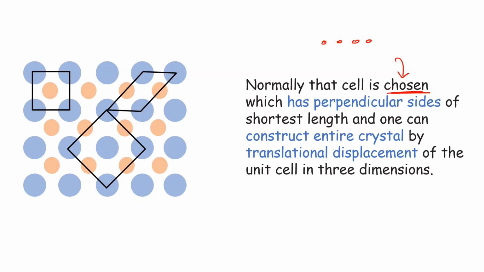So if you have different unit cells, you can choose one of them. The chosen one should have perpendicular sides. That is why this parallelogram was not chosen. We chose this one. One thing they have not mentioned is the coordination number; that was my observation only. Due to the coordination number visible in this type of unit cell, we choose this square unit cell, but it is a bit tilted. Again, you don't need to remember these things. This is just for your understanding. ठीक है, एग्जाम में कोई नहीं पूछने वाला कैसे चूज करते हैं.